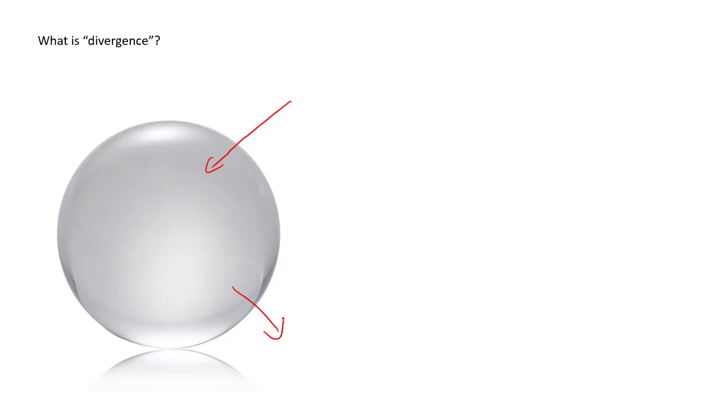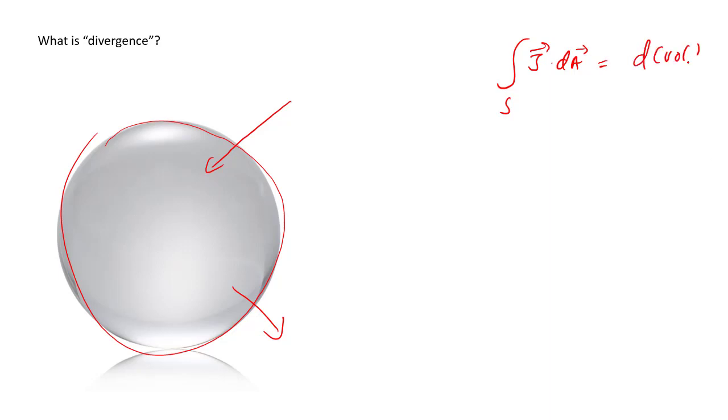To do that, notice that I can simply write that this J dot dA, if I take the flux over the surface of the sphere, then that equals volume by dt.